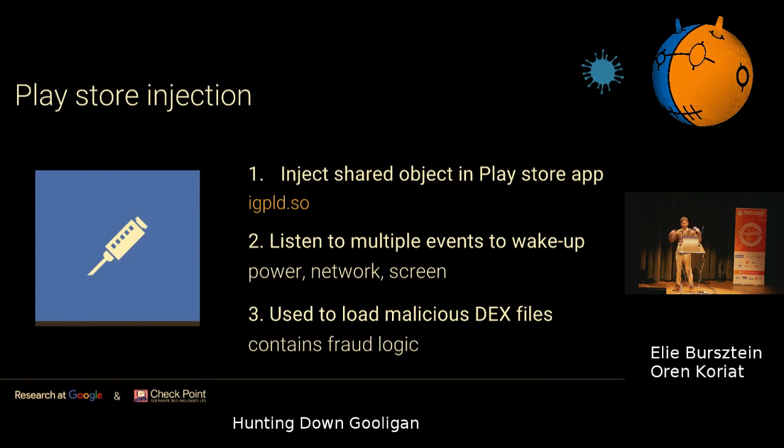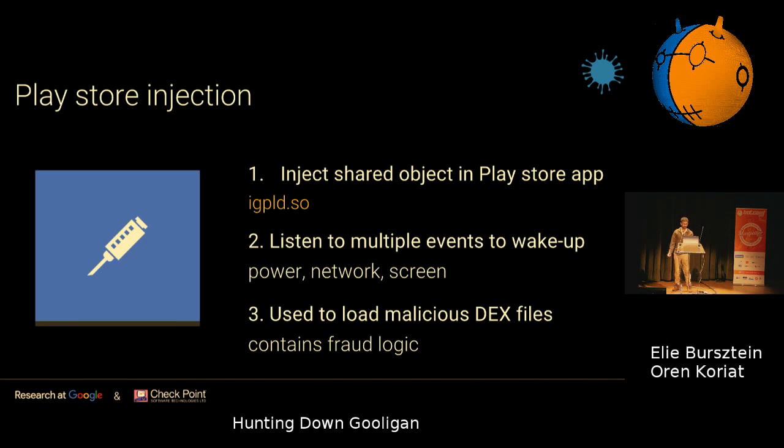Okay, once we have all the tools in place, we can move into the fun part, which is injecting code into the Google Play process. How does that work? So the injector module of Gooligan is using the ptrace plus dlopen approach. This is a very common approach among power users in Android, and it uses it to inject a shared object, IGPLD.